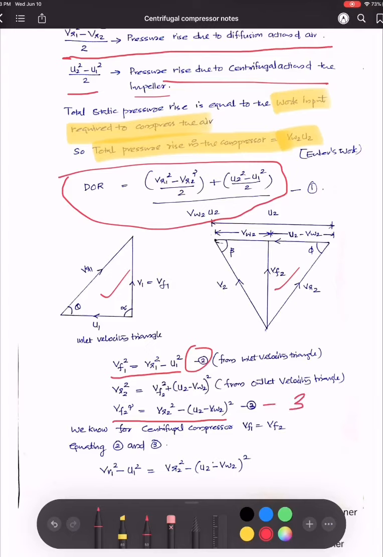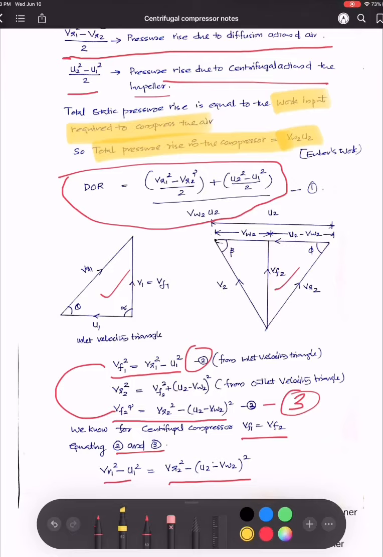This is equation 3. Now we also know that for the centrifugal compressor, VF1 is equal to VF2. So we can equate equations 2 and 3. So VR1 square minus U1 square is equal to VR2 square minus (U2 minus VW2) the whole square.